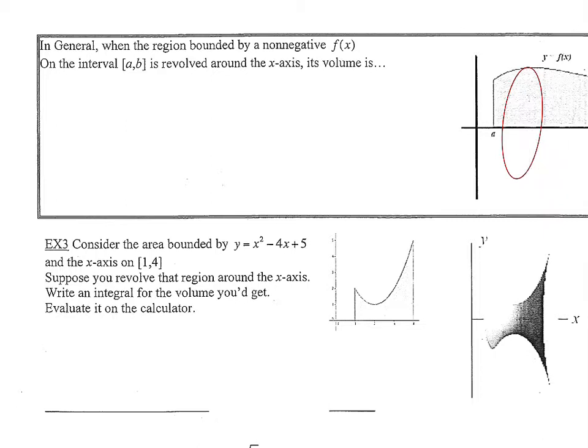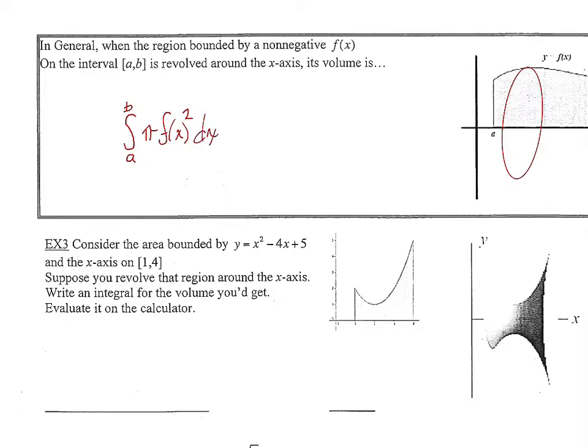So we then end up with, as our general formula, the integral from A to B of all of these disks. The volume of a disk is pi r squared. The r is f of x, squaring that, and then to get the volume we multiply by the width, which is dx.